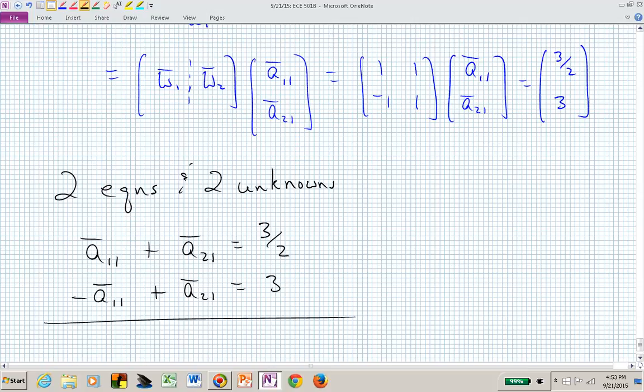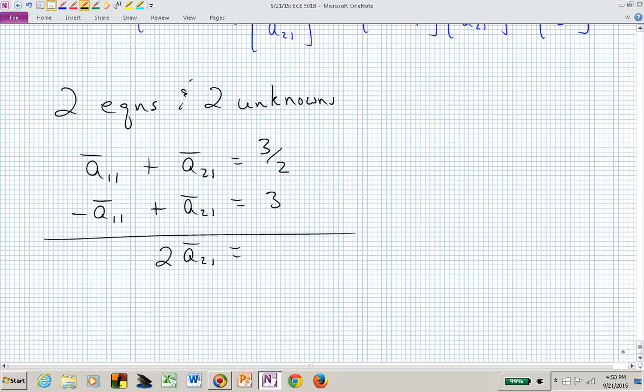That's kind of nice because now A11 bar is negated in the second equation. If we just add those 2 equations, we end up with 2 A21 bar is equal to 3/2 plus 3, or we now have 4.5, or 9/2.